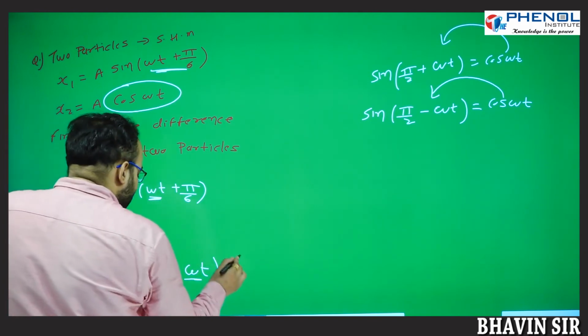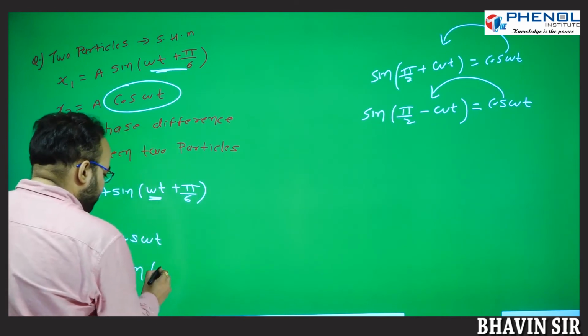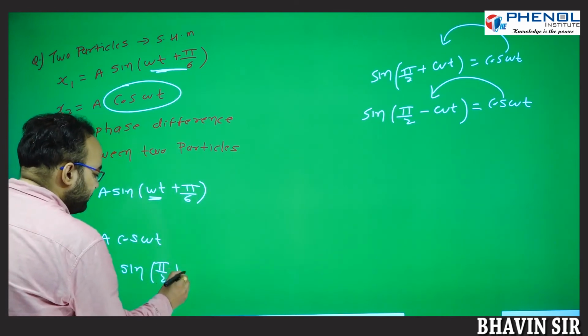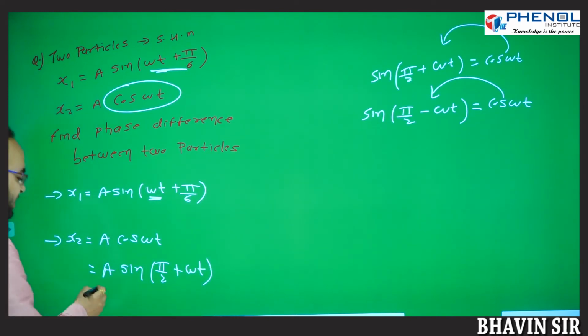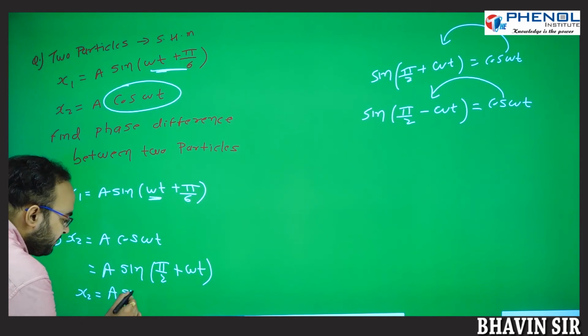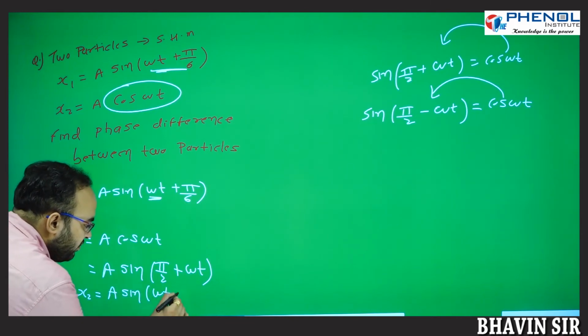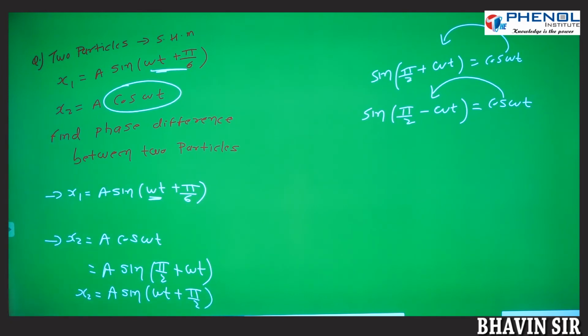So that's why we take pi by 2 plus omega t.